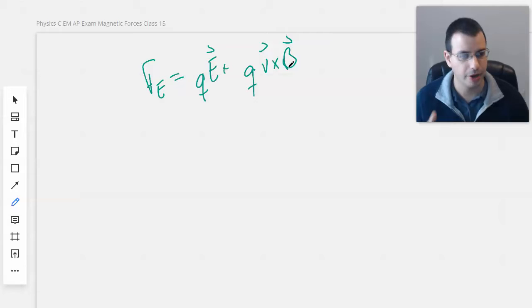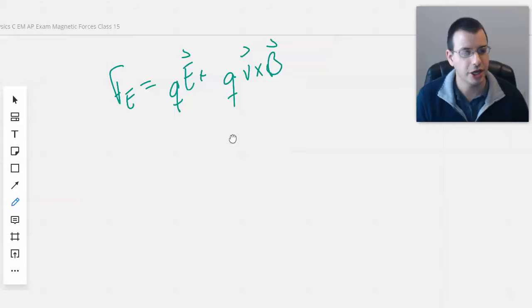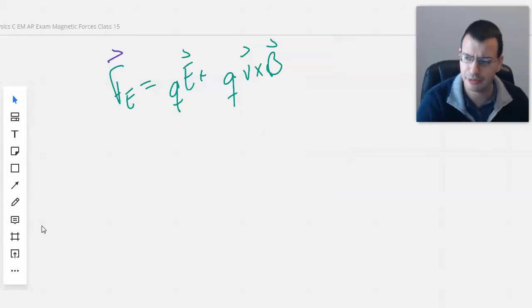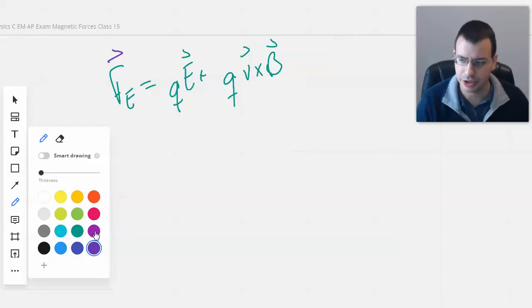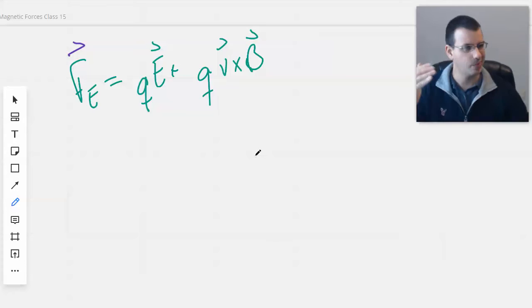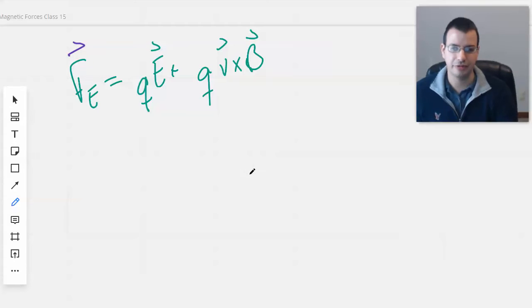So I'm going to talk about what the magnetic force is. First, let's talk about how this equation is used. And that's supposed to be a vector. I don't know how familiar you are with cross products, but we're going to review that briefly. Let's say we have two vectors.